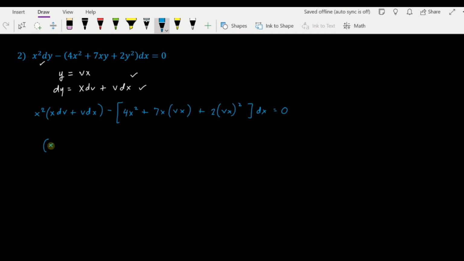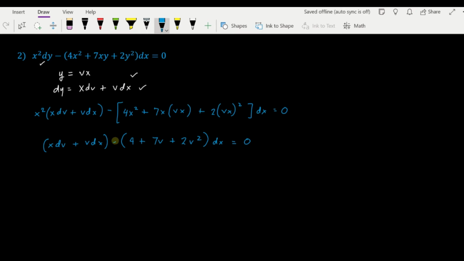Nangyayari dito is x dv plus v dx minus, we have 4 plus x squared will be cancelled, so we have 7v, then x squared will be cancelled also, so we have 2v squared. So plus 2v squared dx equals 0.